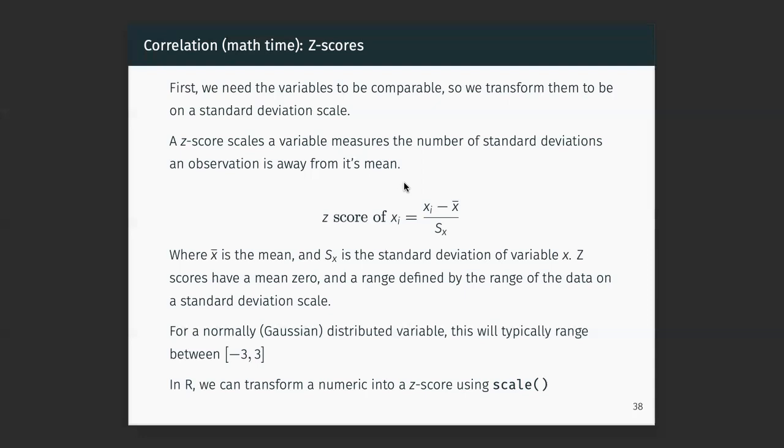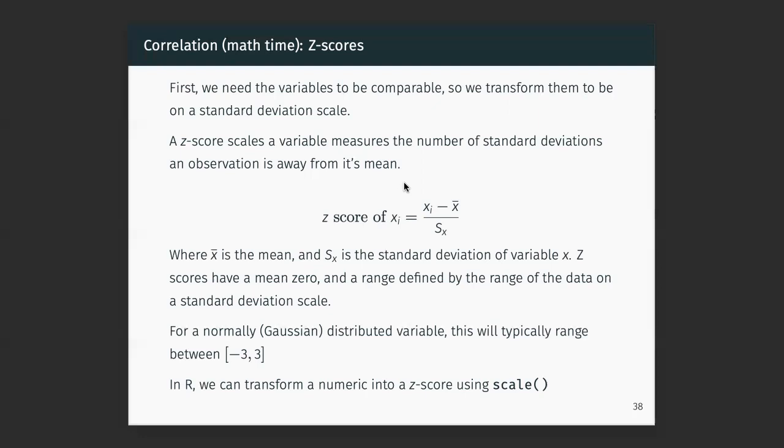So X bar here is the mean, S of X is the standard deviation, right? We already talked about this with the mean. We typically represent the population parameter with the Greek letter, in this case mu for the mean, and the standard deviation is usually represented by the Greek letter lowercase sigma.